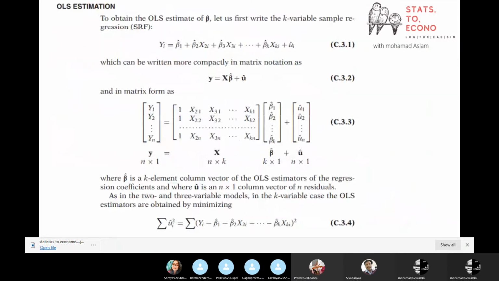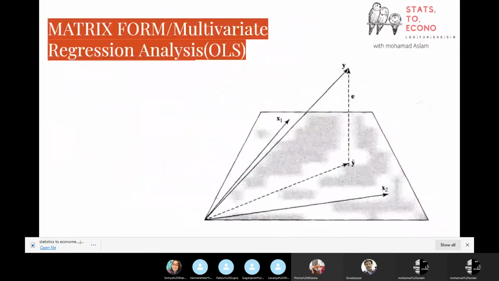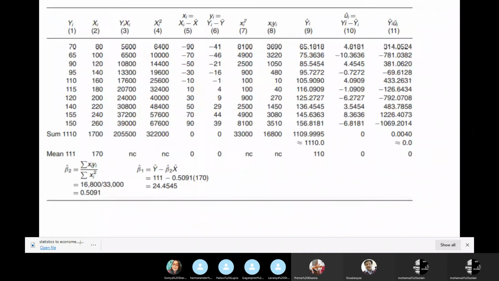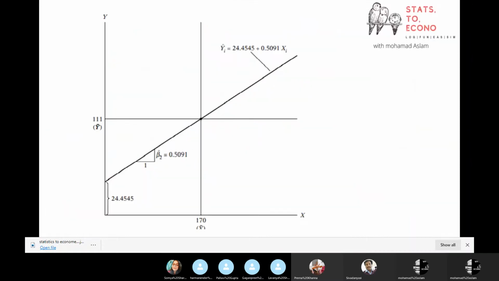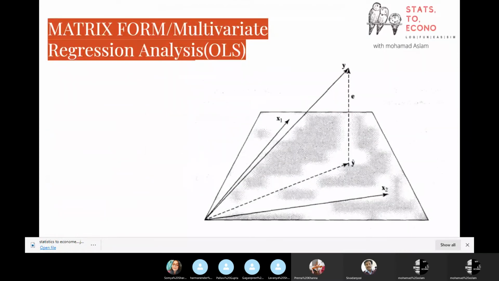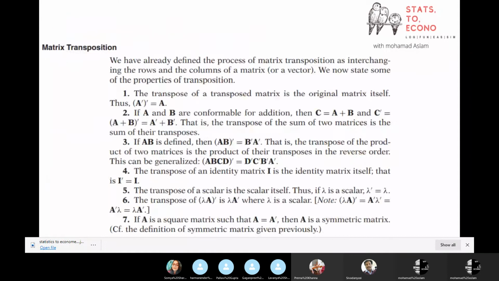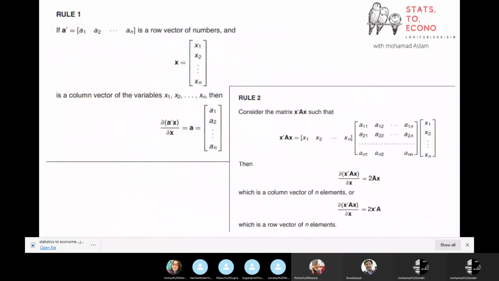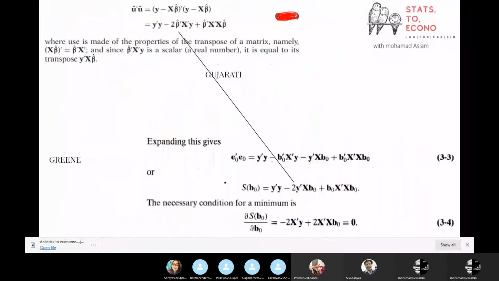The same values which yesterday we did with the bivariate method, same values. Here we did it with the simultaneous equation method. But if we have n number of independent variables, then it's not easy to sort out with the simultaneous equation method. Then it is better to go with the matrix method, matrix form.